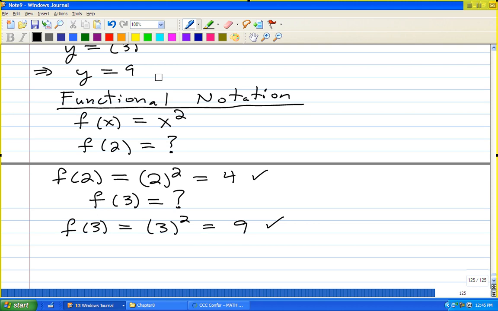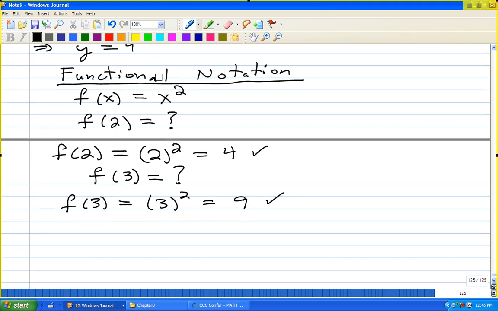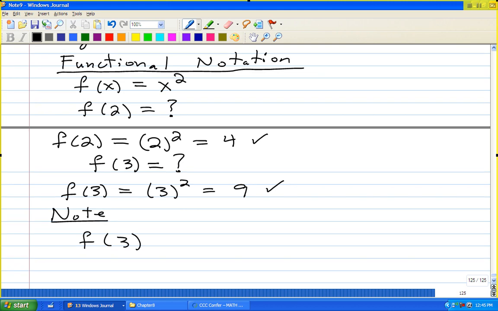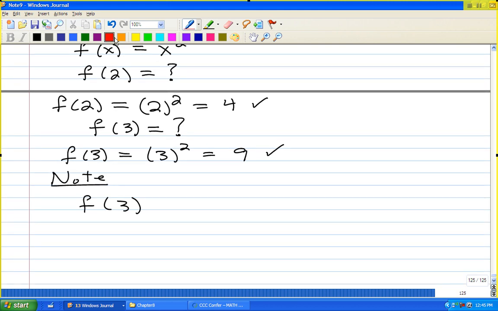So note, let's say f of 3. This is read as f of 3. When I write this, you say whatever the name of the rule is, of, and then wherever you're evaluating.